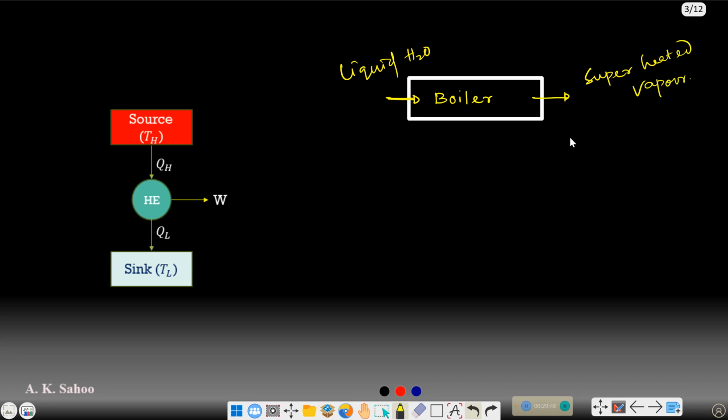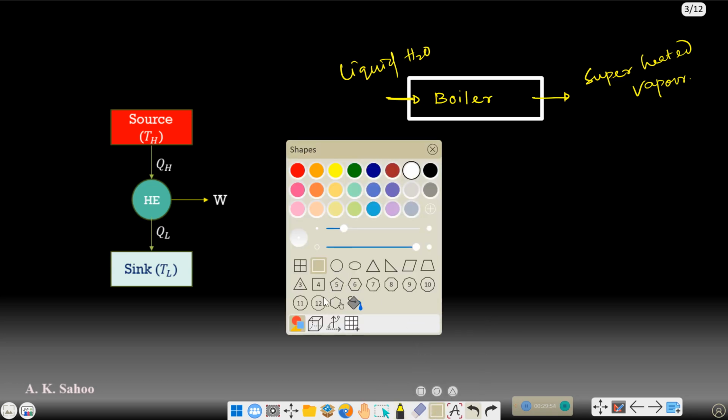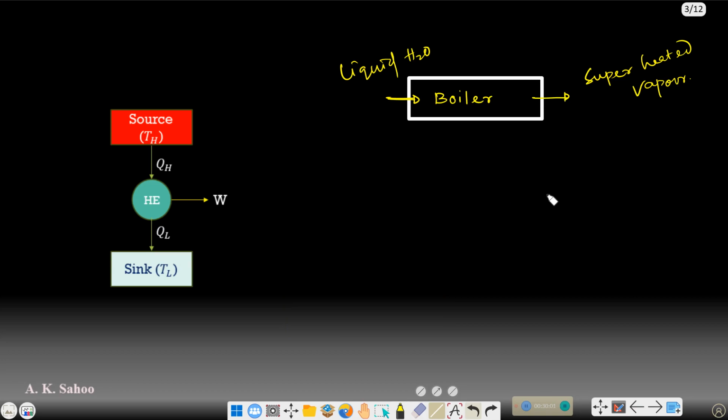Now after getting this superheated vapor, I want to expand it through a device where it will be producing power, right? So now I want to expand it. Let there be a device somewhat like this, so let me draw it.